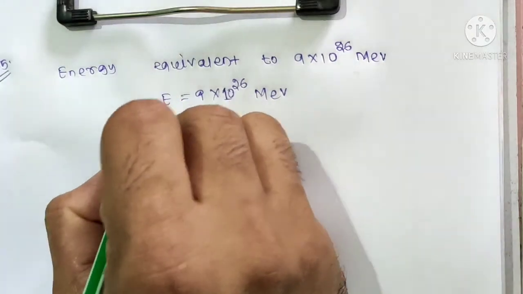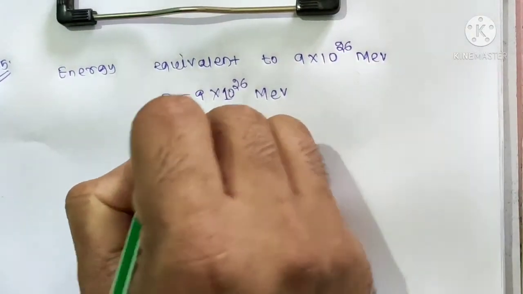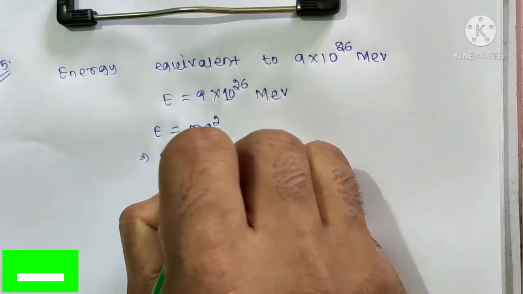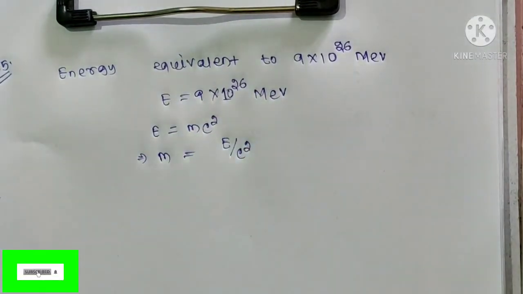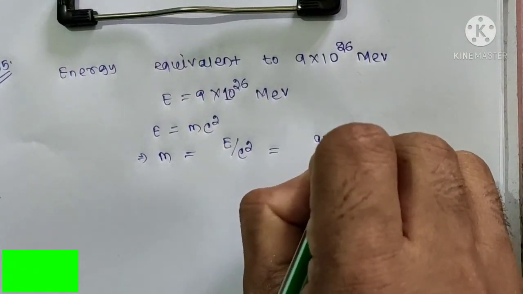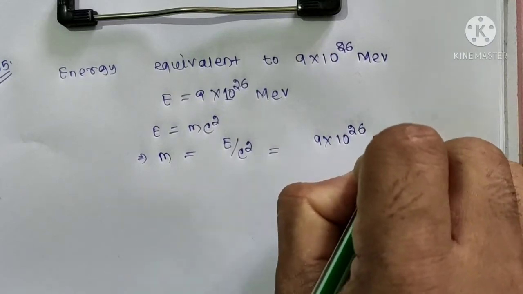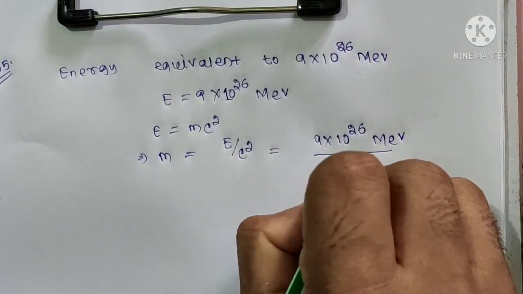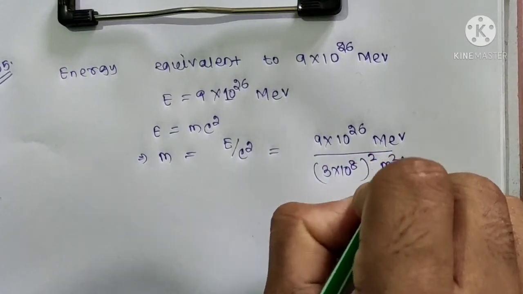And from Einstein mass energy equivalence relation we know that E equal to mc square. So from here mass equal to E by c square, or 9 into 10 to the power 26 mega electron volt by c square, 3 into 10 to the power 8 whole square meter square per second square.